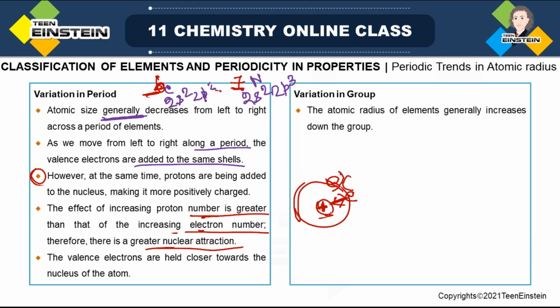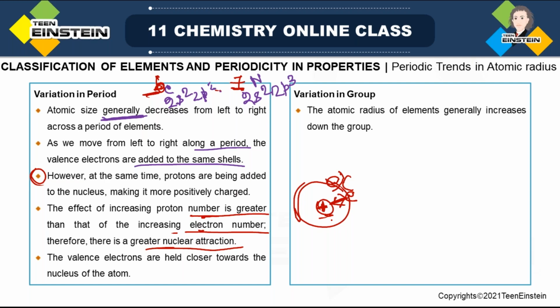So these two effects actually have opposite effects on the variation of size along the period. If you consider only the increase in number of valence electrons, it seems as if size should increase. But if you consider this nuclear attraction, then because of this increased attraction, the outermost electrons will shrink, and size will decrease.